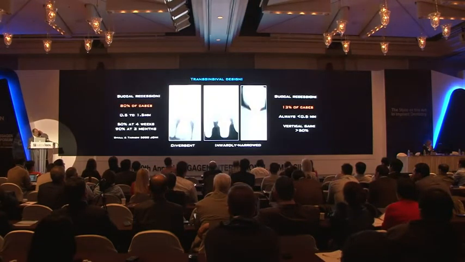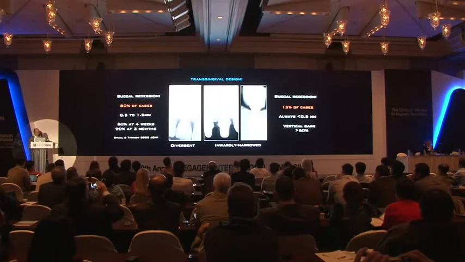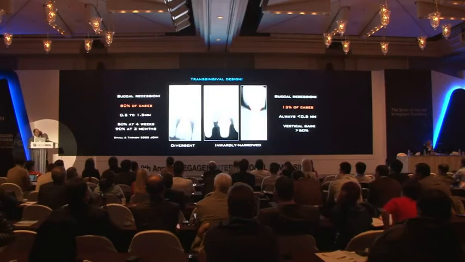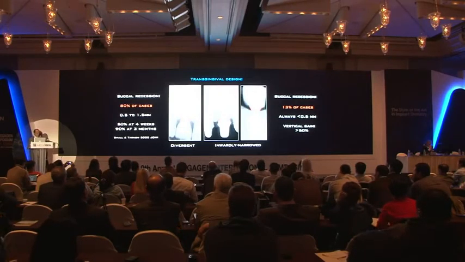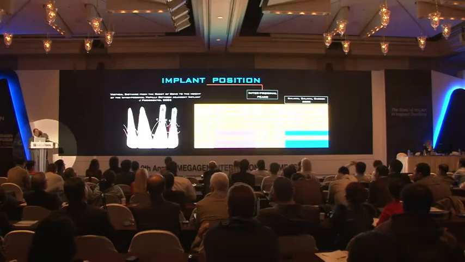If we compare this result to that of Small and Tarnow published in JOMI, where they used an abutment with divergent profile, we can see that they had buccal recession in 80% of the cases, always between 0.5 and 1.5 millimeters. These results are much worse than Rompen's with the converging profile abutment.